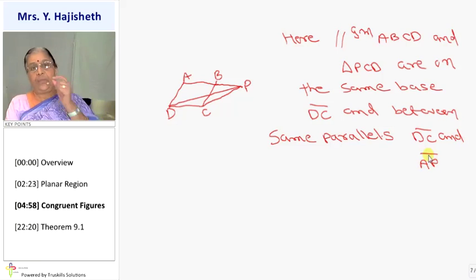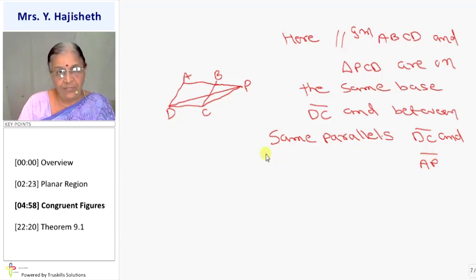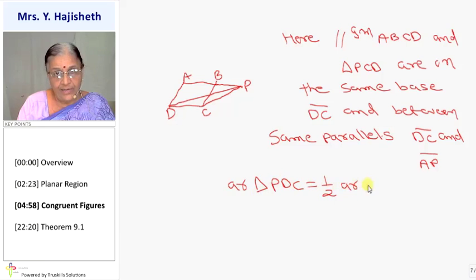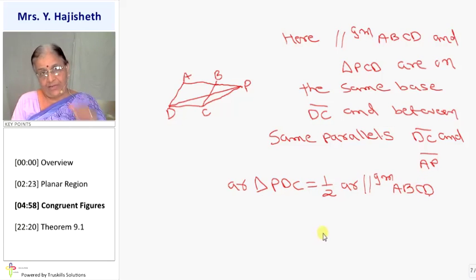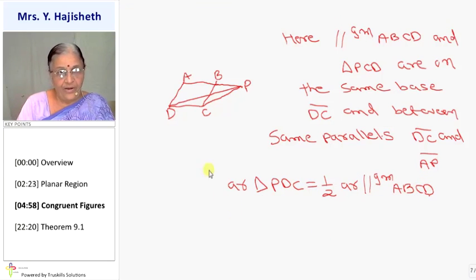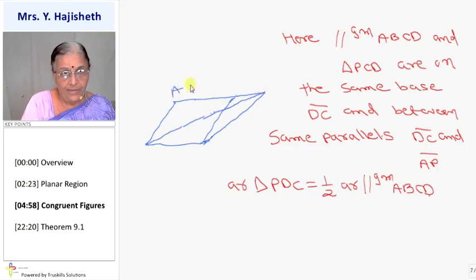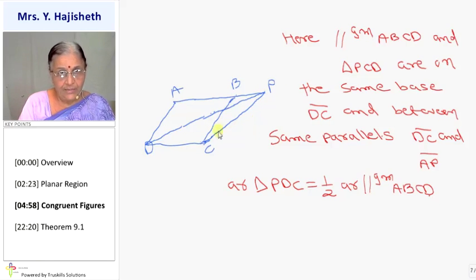So when a parallelogram and triangle are on the same base and between the same parallels, then the area of triangle PDC is 1/2 times the area of parallelogram ABCD. Why? See, if I draw a perpendicular on BC, ABCD is a parallelogram and PCD is a triangle.